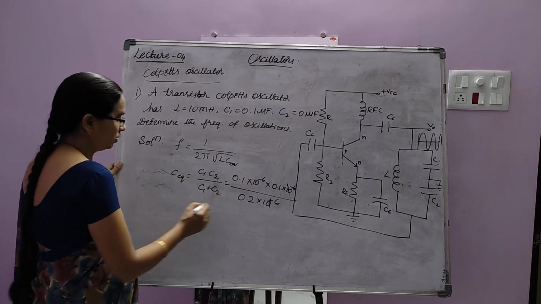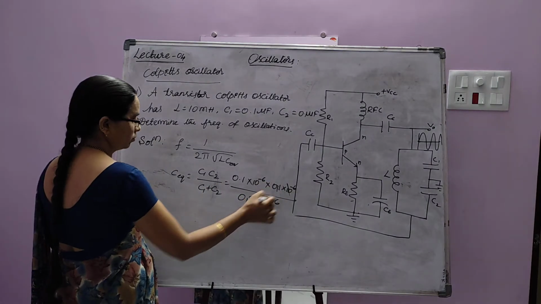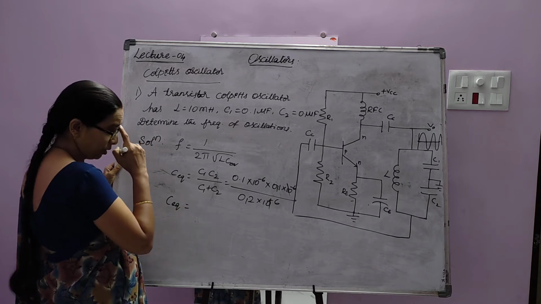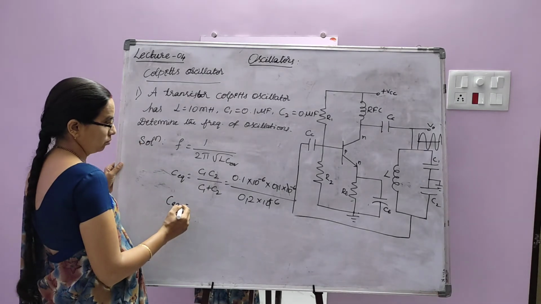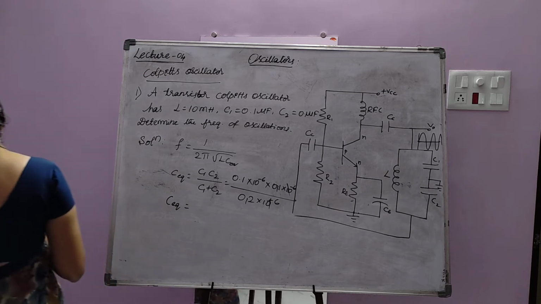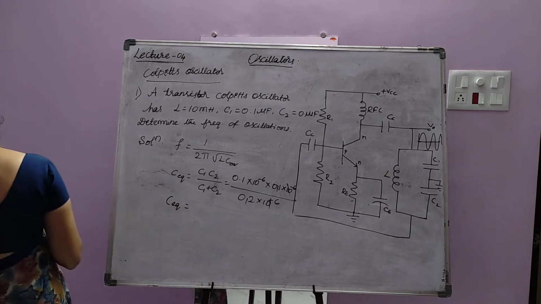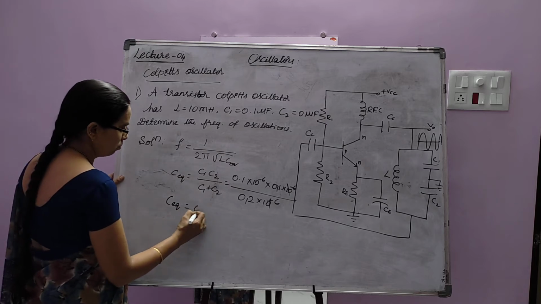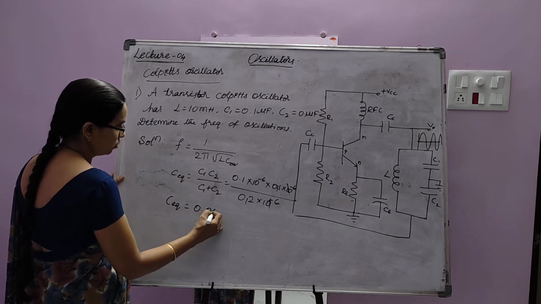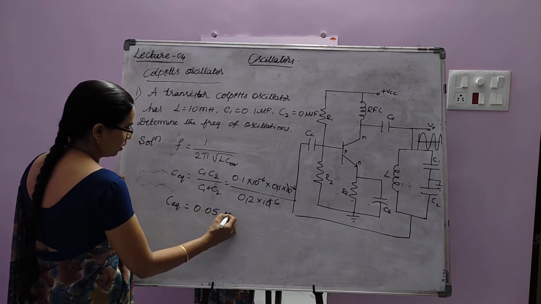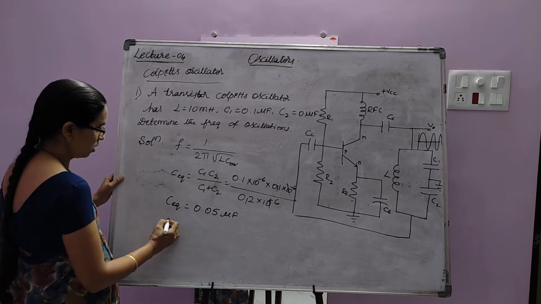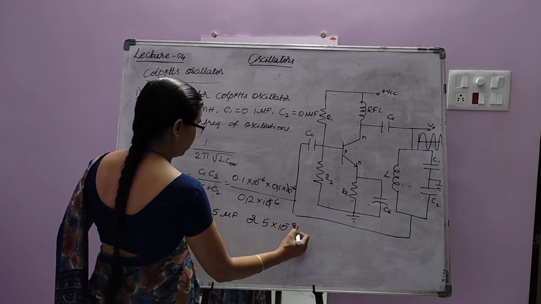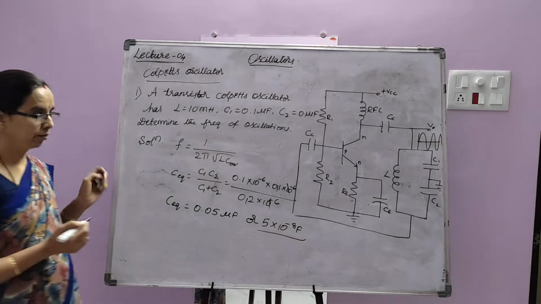So C equivalent will be 0.1 by 2, 0.05 microfarad, or you can write 5 into 10 to the power of minus 8 farad, anything.